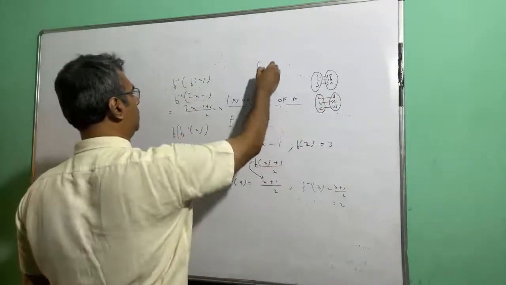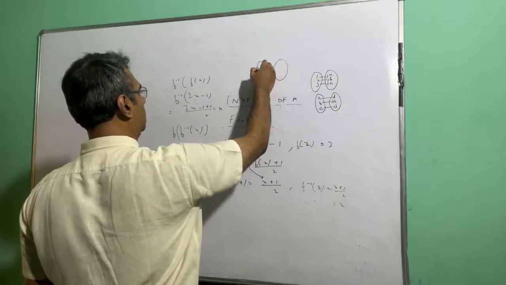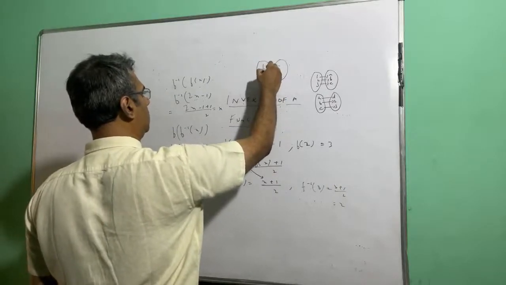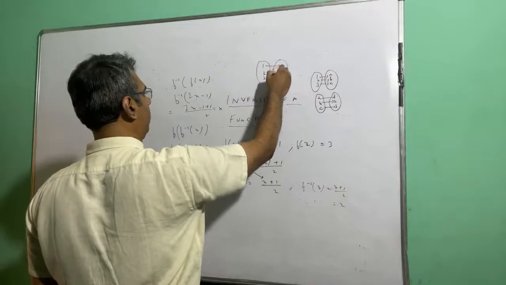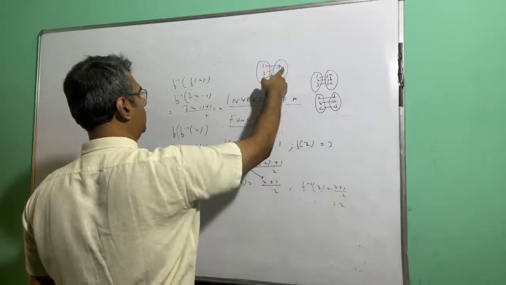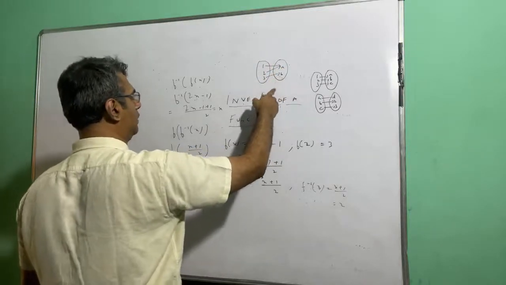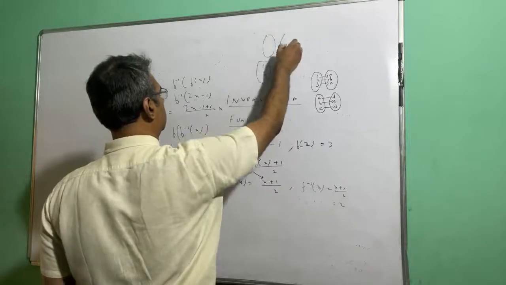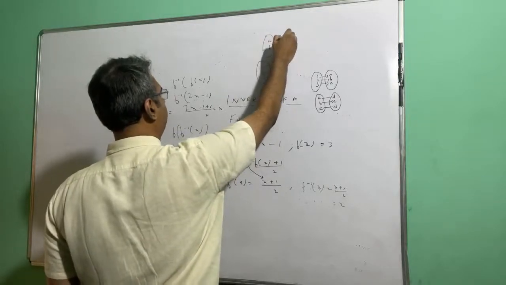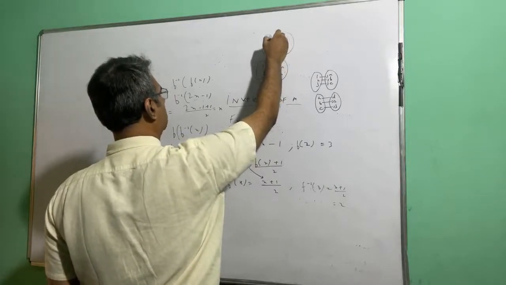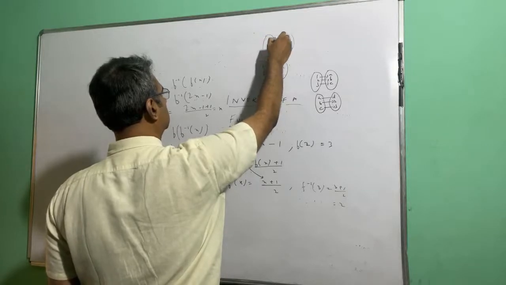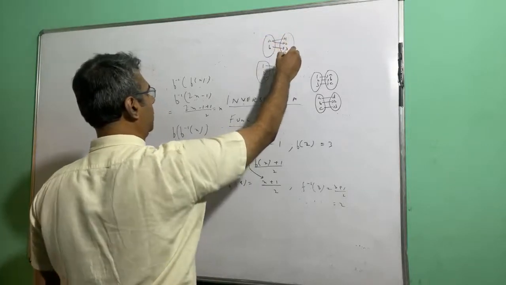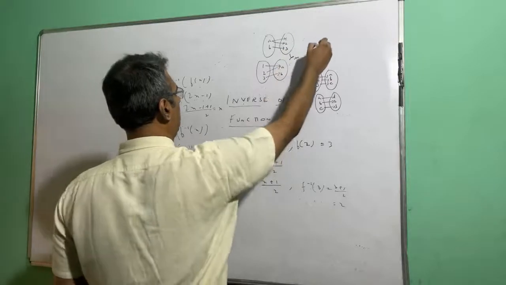But suppose you have the original function like this: 1 to a, 2 to a and 3 to b. Then the inverse will not be possible.